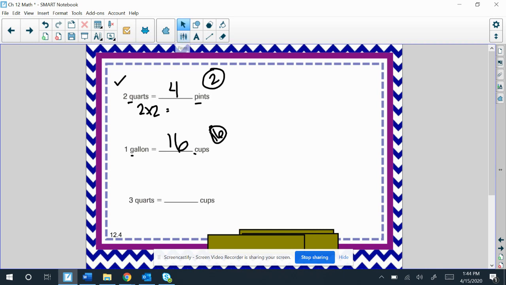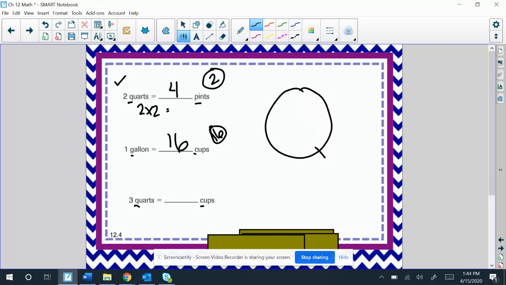All right, let's see how you did. We have quarts and cups. I'm going to draw my quart first. Then from here, I'm going to add my pints and then my cups. Now that I have cups, I can count those up. 1, 2, 3, 4. I have 4. Well, 4 times 3 is 12.